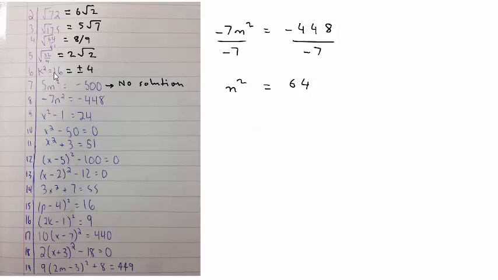So like we did on number 6, n is going to be equal to plus or minus the square root of 64, and the square root of 64 is 8. Therefore, n is going to be equal to plus or minus 8. So this one's plus or minus 8.